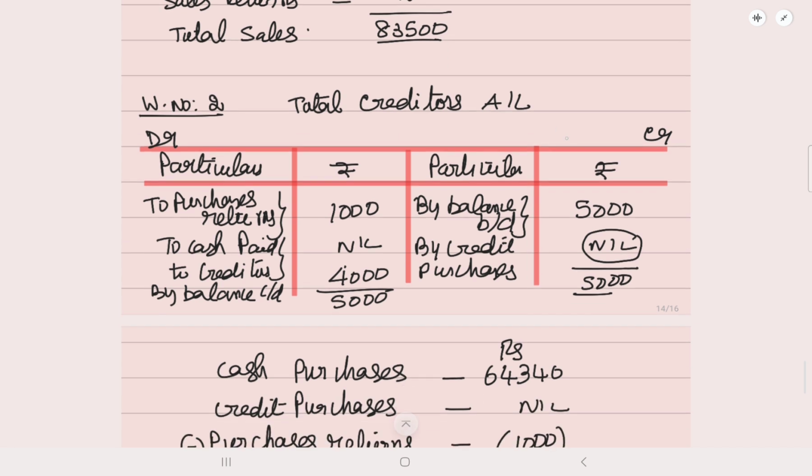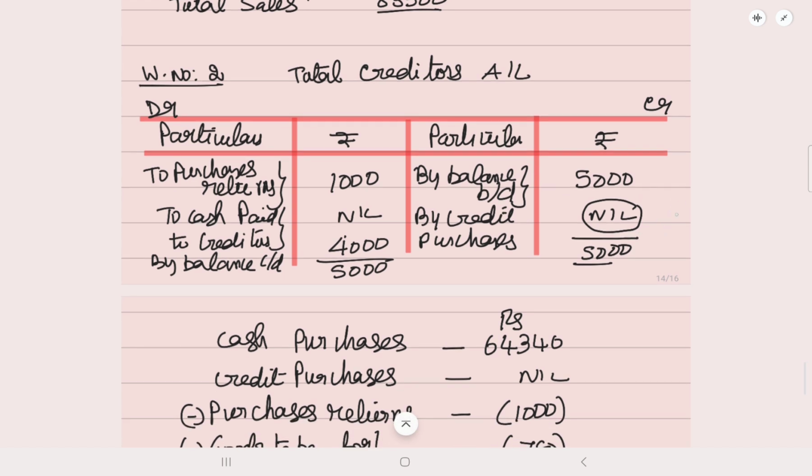So total creditors ledger by balance brought down opening 5,000. Here purchases return is given 1,000. Cash paid to creditors is not given. Closing creditor 4,000 is given. Therefore, credit purchases here nil. Then cash purchases is given 64,340. Credit purchases nil.